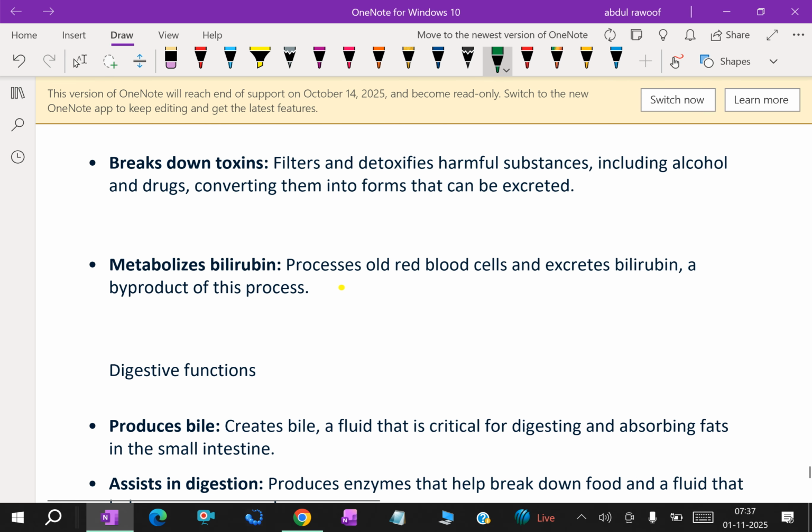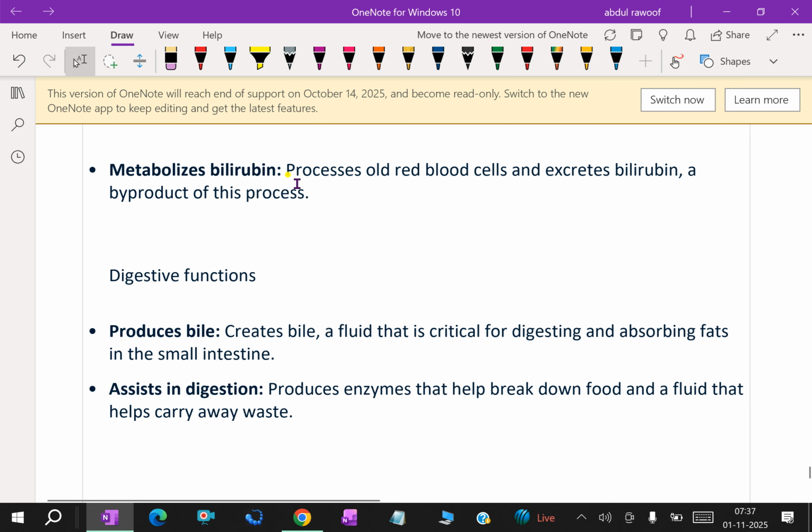Breaks down toxins, filters and detoxifies harmful substances, including alcohol and drugs, converting them into forms that can be excreted. Metabolizes bilirubin, processes old red blood cells and excretes bilirubin, a byproduct of this process.